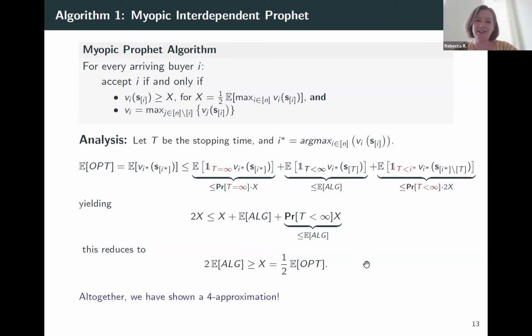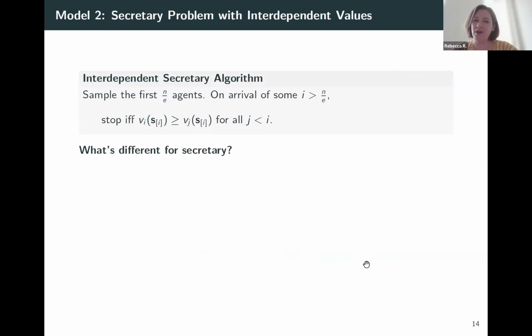And as I said, we have more of them. We also did the secretary problem and tried to add interdependence on top of that. So here, the algorithm that we use was a little bit more intuitive in the end. We sample the first N/E agents as the original also does.